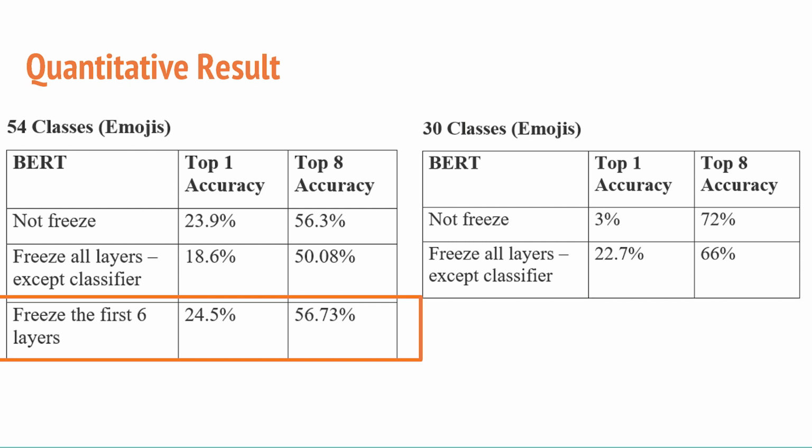It turns out that we have the best result when we freeze the first 6 layers. We also tried reducing the number of classes to 30, and we get a higher accuracy. However, we still choose the 54 classes as we wanted to provide our users with both a wide variety of emojis and a model with reasonable accuracy.